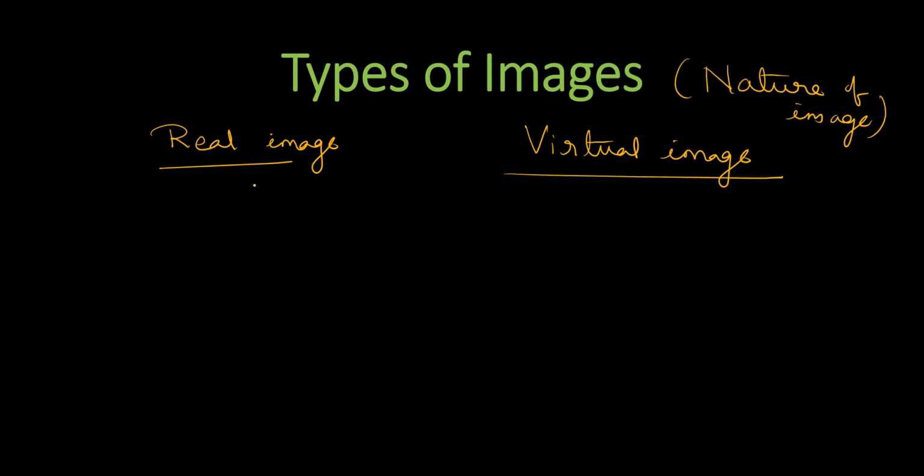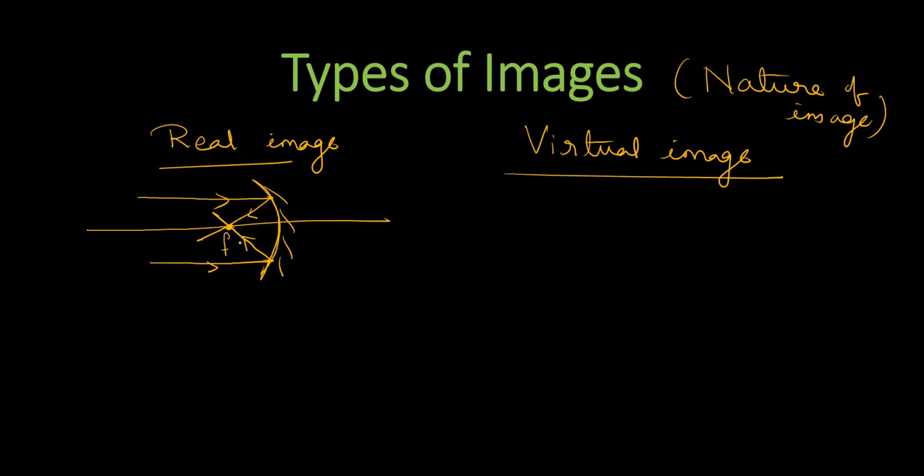So what is a real image? A real image is an image that is formed by the actual intersection of reflected or refracted light rays. Reflected in case of mirrors, refracted in case of lenses. So if an image is formed by actual intersection of the reflected light rays, say in the ray diagram that is being drawn just now, the parallel beam of light rays after being incident on the mirror are reflected and they intersect at a point.